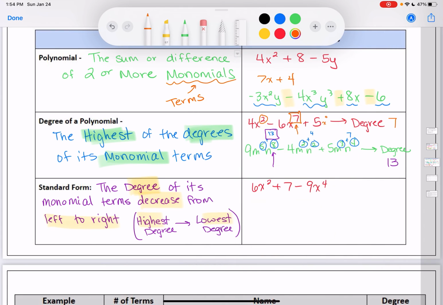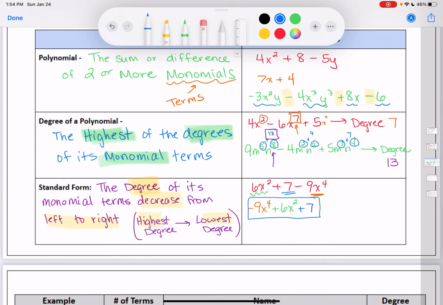Standard form would be take this biggest degree, x to the fourth, that's the highest degree, that negative 9x to the fourth would have to come first. And then after that, I would have my 6x squared, and finally my plus 7, that would have a degree of 0. So that same polynomial written in standard form would be negative 9x to the fourth plus 6x squared plus 7.